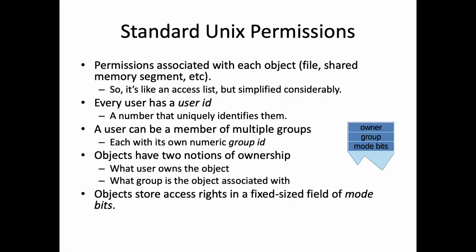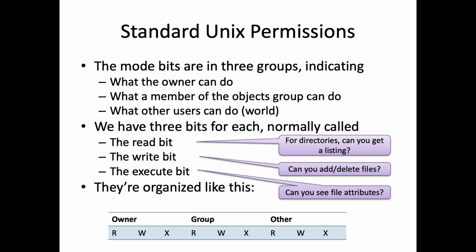If you're neither the owner nor a part of the group for the file, then these, let me try and say this again and say it accurately. If you're the owner of the file, these first 3 bits decide what you can do with that file or directory. Can you read it? Can you modify what's in that file?